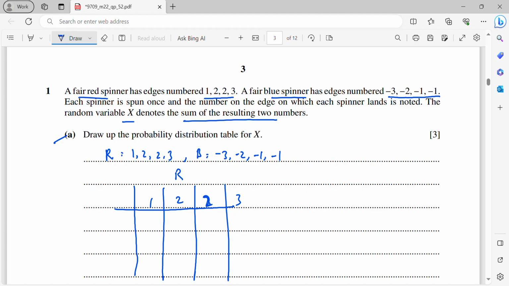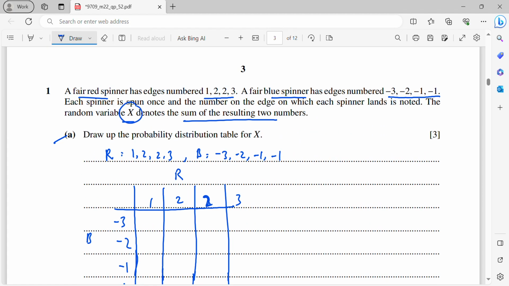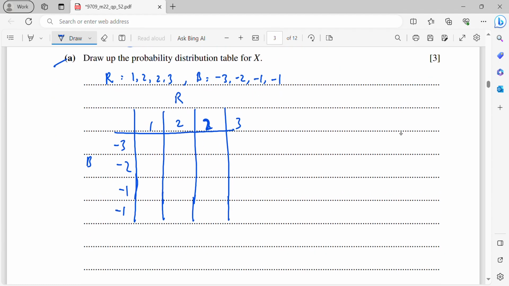These are the edges. And then for the blue spinner, this is the blue spinner showing -3, -2, -1, and -1. Since we are interested in X, the sum, the table will show you the sum.